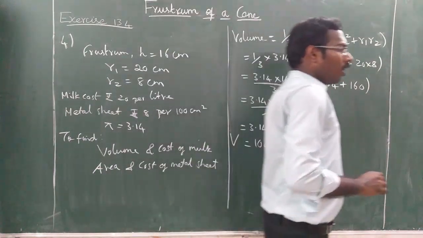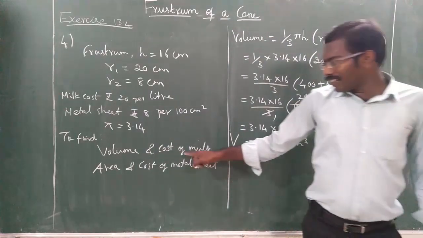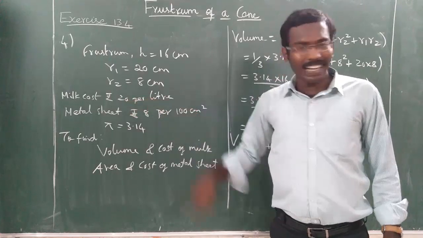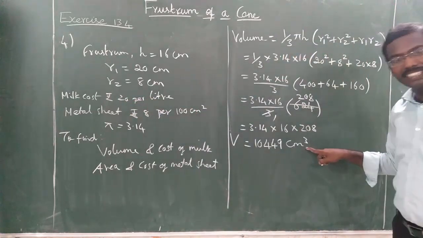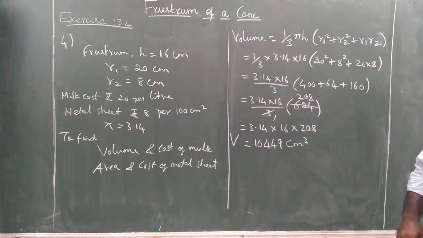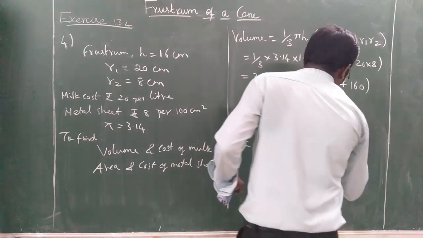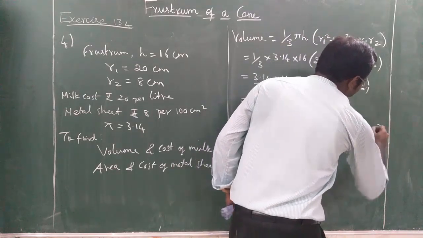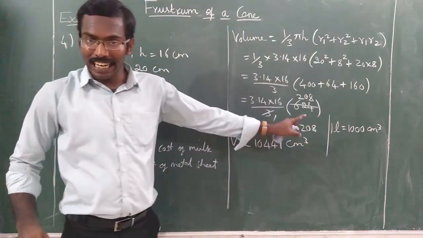Now, they ask you to find the cost of the milk, and they have given ₹20 per liter. So you have to convert this centimeter cube into liter. How will you convert? So listen, 1 liter is equal to 1000 centimeter cube. Okay, this is the relation.